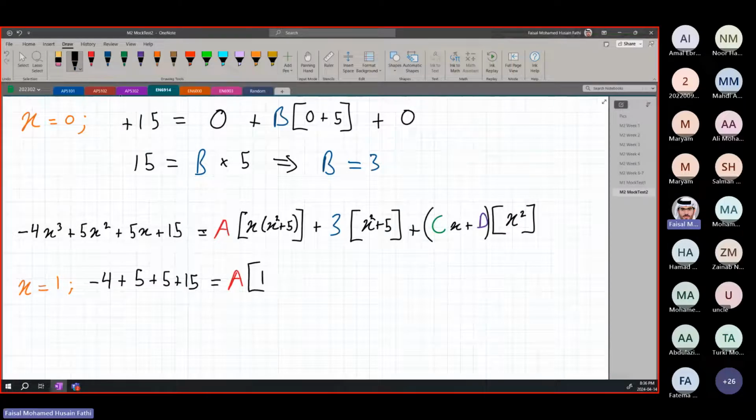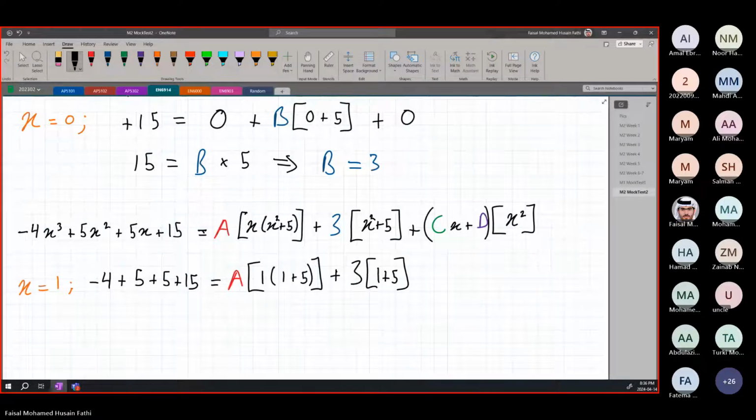So it's 1 times 1 squared, which is 1, plus 5 plus 3, the 3 we got from b, into 1 plus 5 plus c times 1, which is just c, plus d times 1.